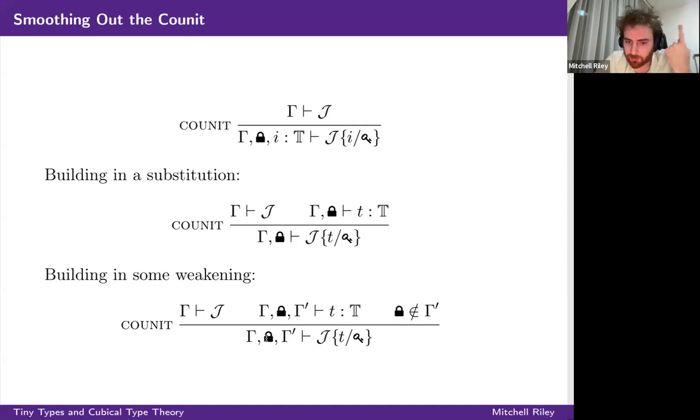But now the thing to remember is that the meaning of a lock is that it's a function from the tiny type into the context that comes before it. So as long as we can provide an argument to that function, which is exactly this thing here, then we can apply the function, get the stuff from gamma that we need, and then we have our construction in the overall context. So I'm thinking of this as saying we can use elements of T as keys to get us past any locks in the context that we want to.